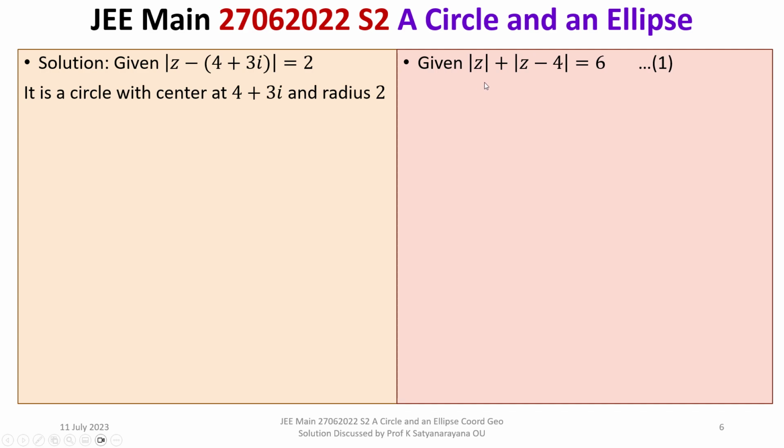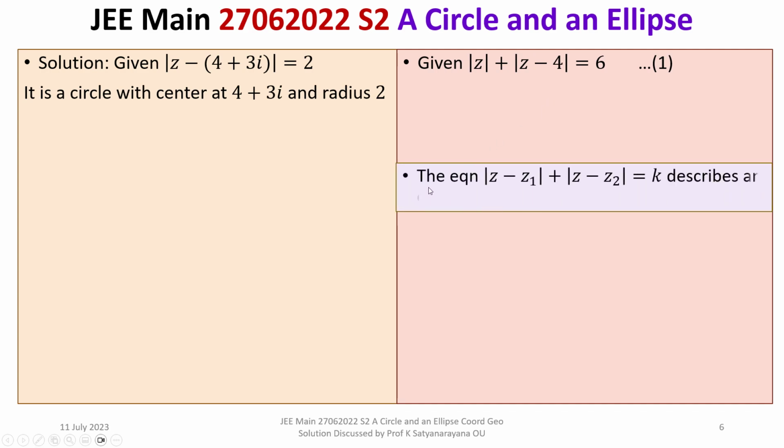What is this curve? What is the locus of z in the complex plane? Let us recall: the equation mod of z minus z1 plus mod of z minus z2 is equal to k describes an ellipse with foci at z1 and z2 if k is greater than the distance between z1 and z2, that is mod of z1 minus z2.